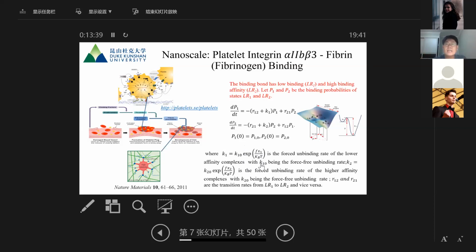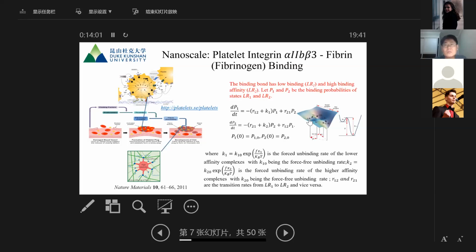Then you can see this is my model. Also R21 and R12 are the interconversion rates between these two states. That means the lower affinity state can transfer with some probability to the higher affinity state, and the higher affinity state can transfer to the lower affinity state.